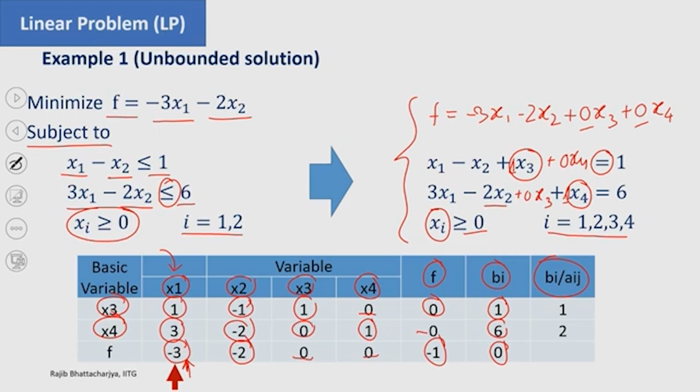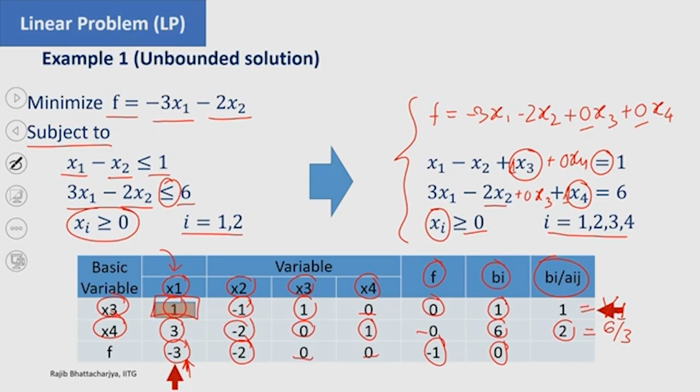For the first equation this is 1 by 1, so I am getting 1, and for the second equation this is 6 by 3, so I am getting 2. What is the rule? The rule is you have to select the minimum one. The minimum one is 1 here, so this will be your pivoting element.